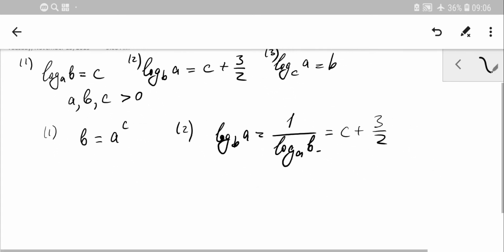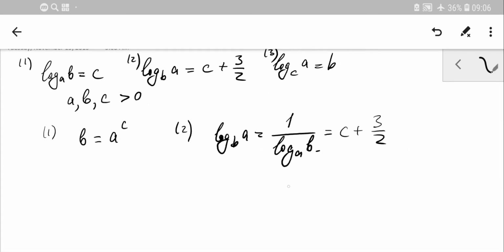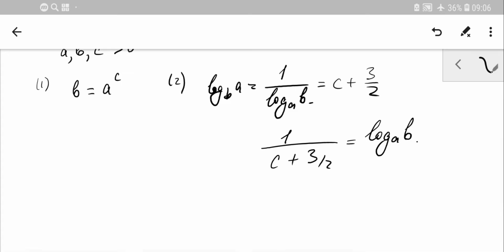And if we swap them, we'll have the following: 1 over C plus 3 over 2 equals log A B. So if we express B, we raise A to the power 1 over C plus 3 over 2.